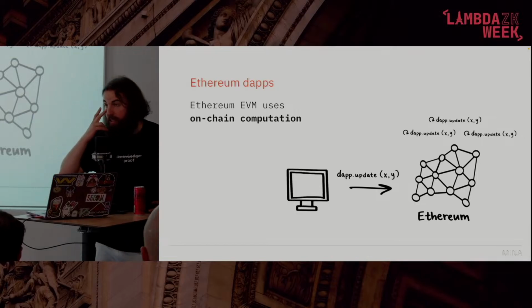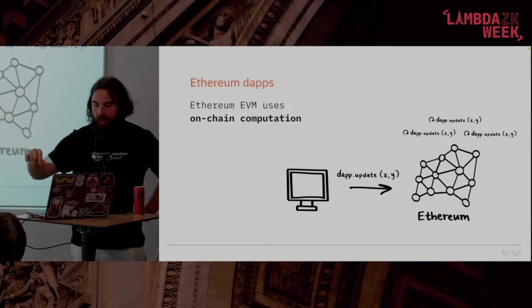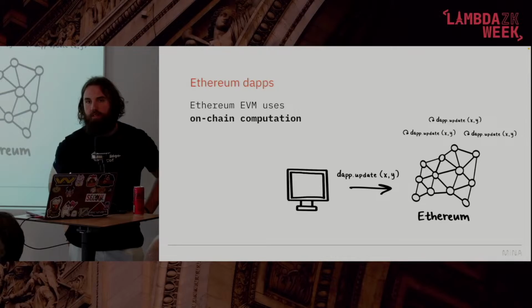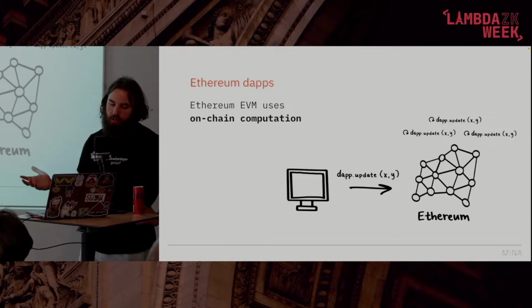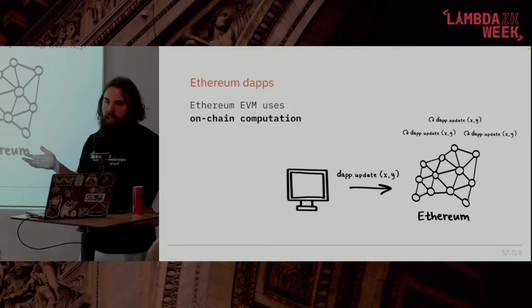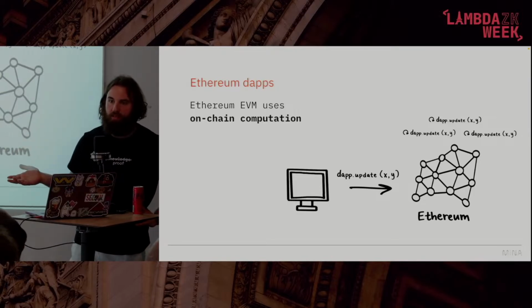So the nodes on the Ethereum network all have a copy of your smart contract. Then when a user wants to use your smart contract, they call a method, and then all the nodes on the network run that method from the smart contract that they have a copy of. So you're verifying the computation by having everyone do it and all agreeing on the result, right?